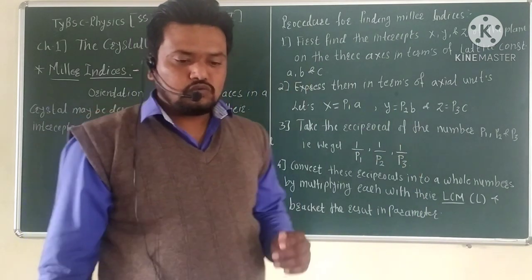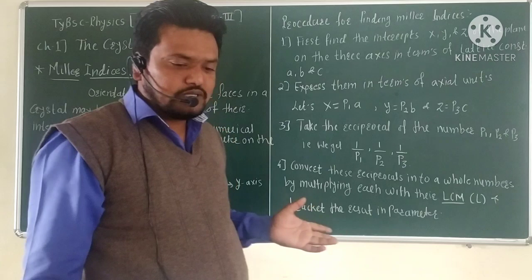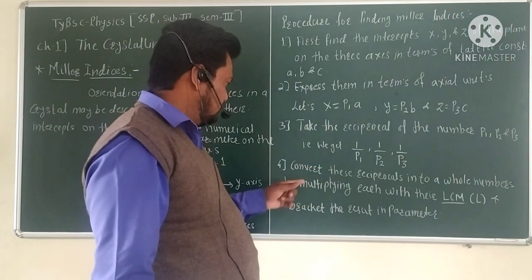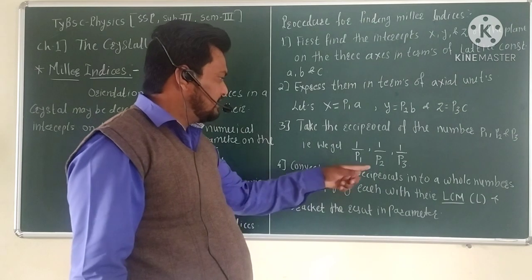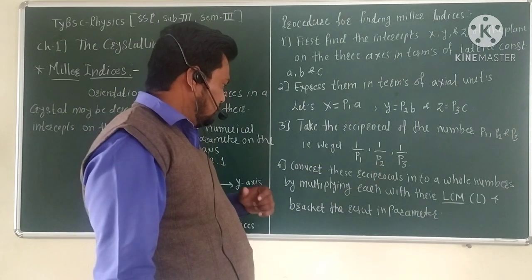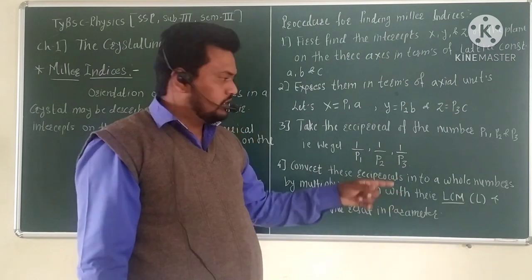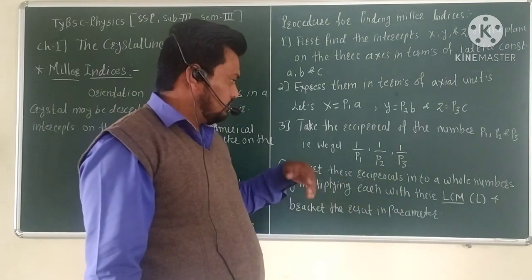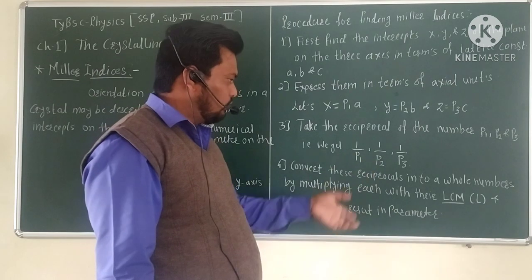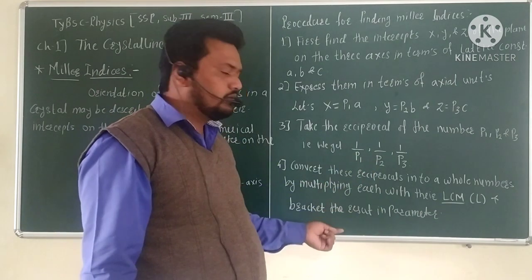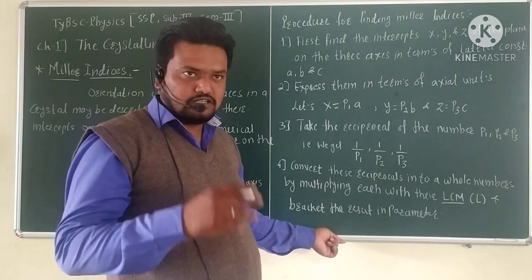So whatever reciprocal numbers there are, convert them into whole numbers by multiplying each with the LCM, and whatever answer we get, write it in brackets.